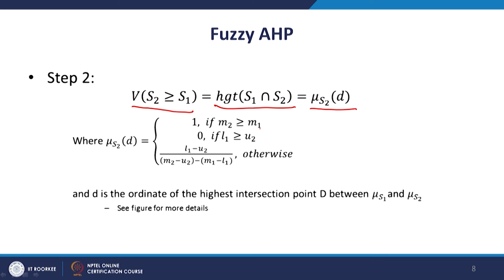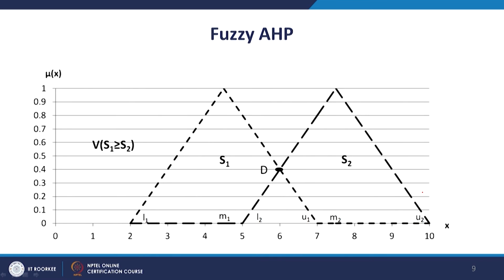Here, this d that we are using is the ordinate of the highest intersection point d between mu_S1 and mu_S2. What do we mean by this? Whatever the mathematics we are talking about, if we look at it in the graphic sense, we can look at this diagram here. You can see L1, M1 and U1, and because we are talking about fuzzy numbers, there is going to be overlapping. This is the overlapped region, and you can see L1, M1 and U1, and then L2, M2 and U2.